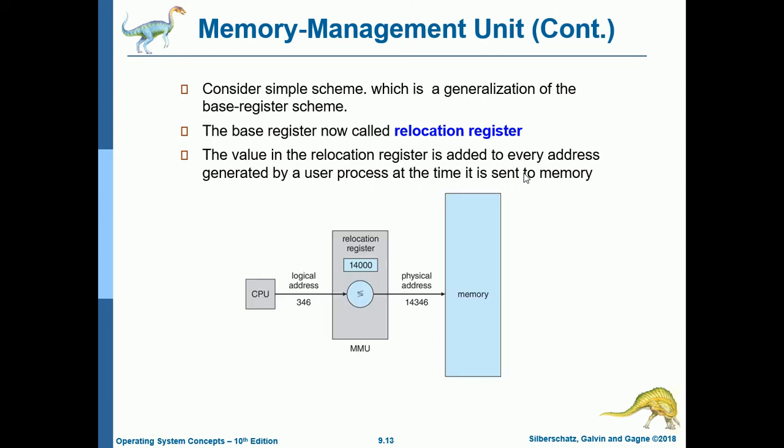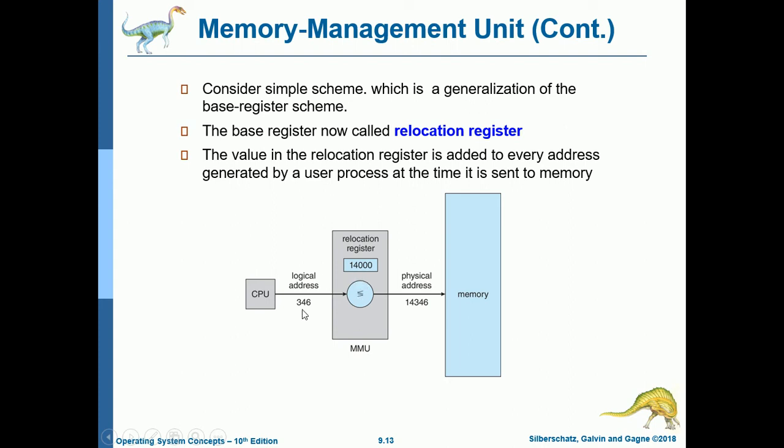So we have this illustration of dynamic relocation using a relocation register. For example, the CPU has a logical address of 346, which will be scrutinized by the memory management unit to map the physical address. The relocation register at this time holds 14000.